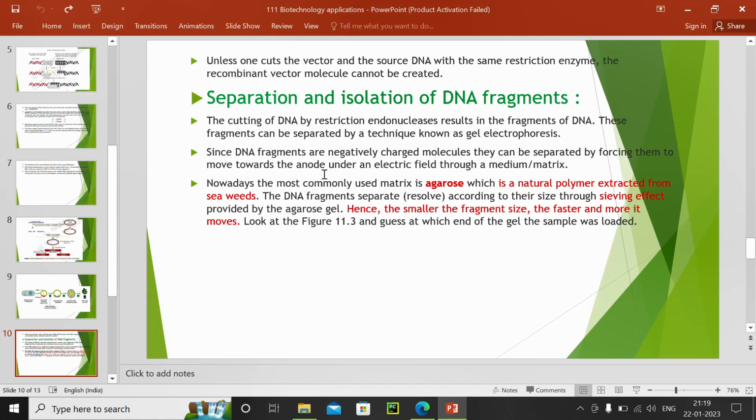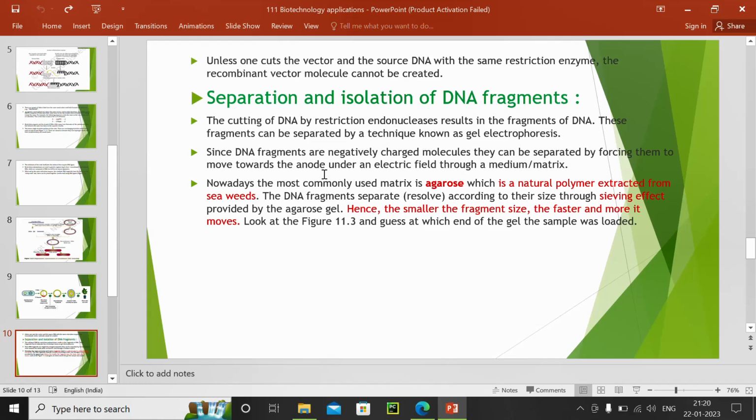The anode attracts anions, which are negatively charged, while the cathode attracts cations, which are positively charged.